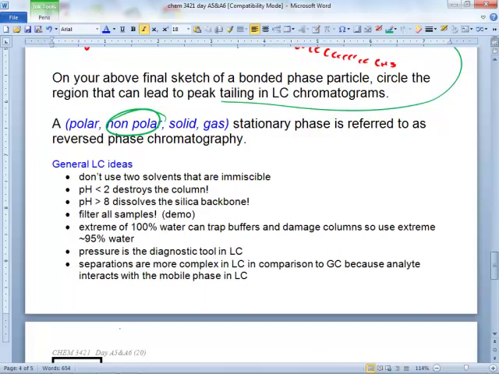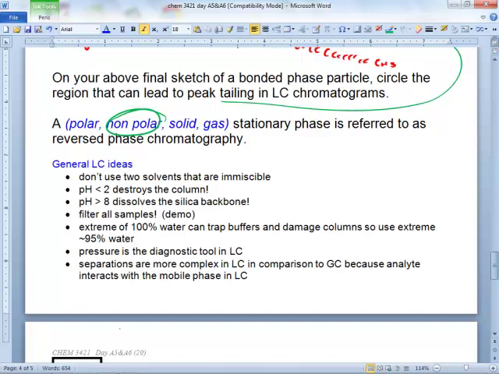And some general LC ideas. I remember when we first got the machine here, I wasn't especially trained in it, but I had common sense. I mean, the guy who came to install it didn't. Pretend this is our column, and if nothing goes through, you get high pressure, everything shuts down. So something's got to be clogging.